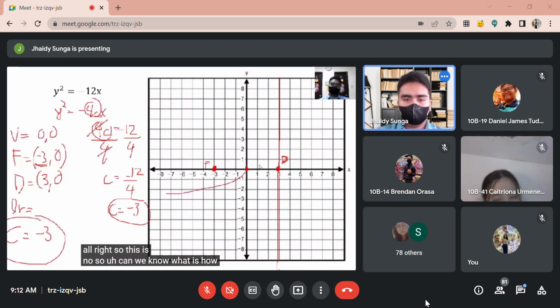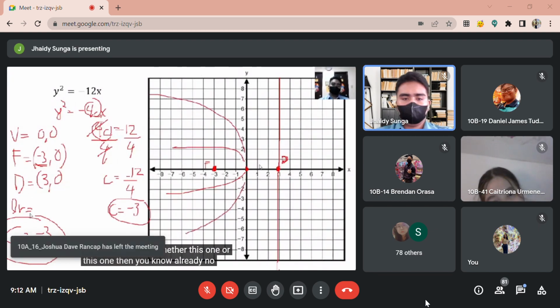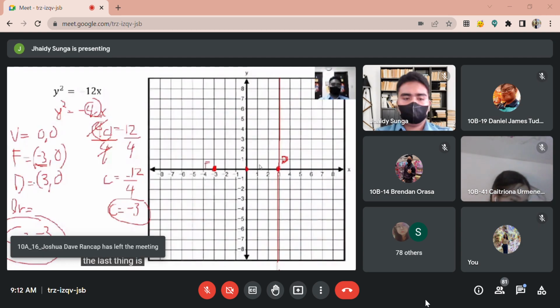Why this is this one or this one. You know, suppose you lack something, what is the lacking? Lacking is the latus rectum. So how are you going to find the value of the latus rectum?